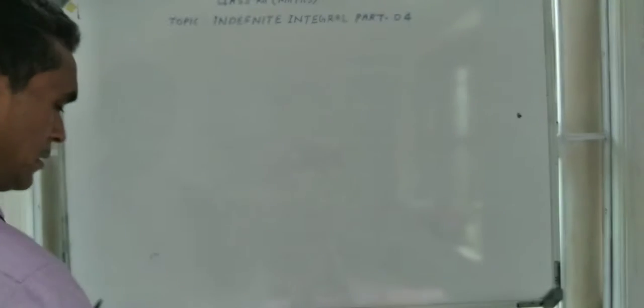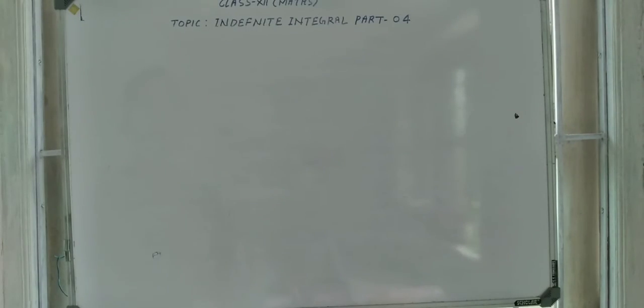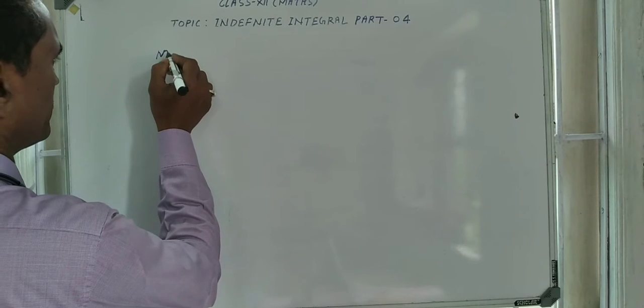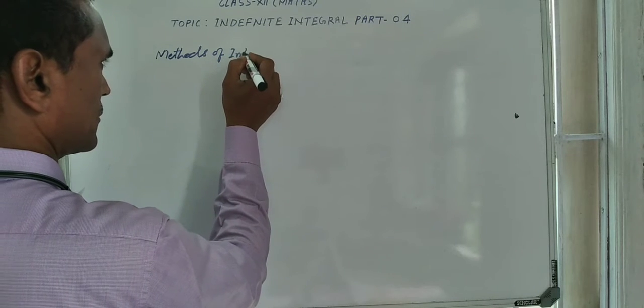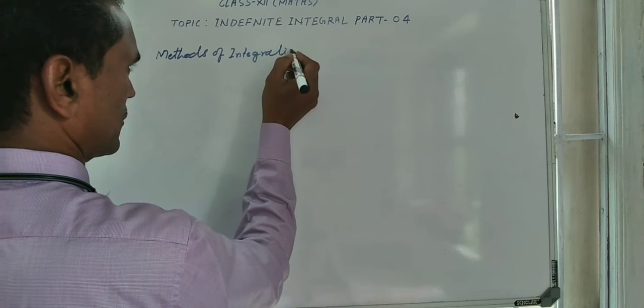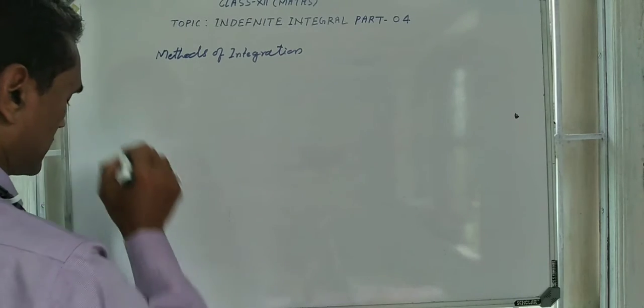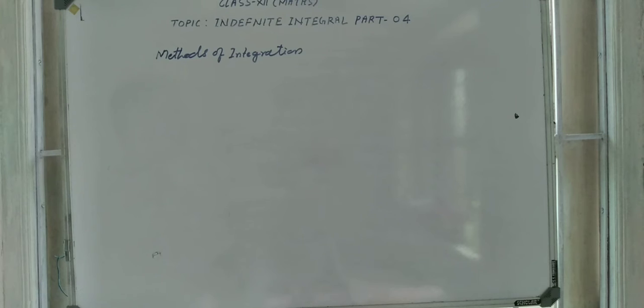Now next is methods of integration. There are three methods to find integral. Methods are only for changing the given function into its standard form, so that by applying the standard formula or our given formula we can get the integral.